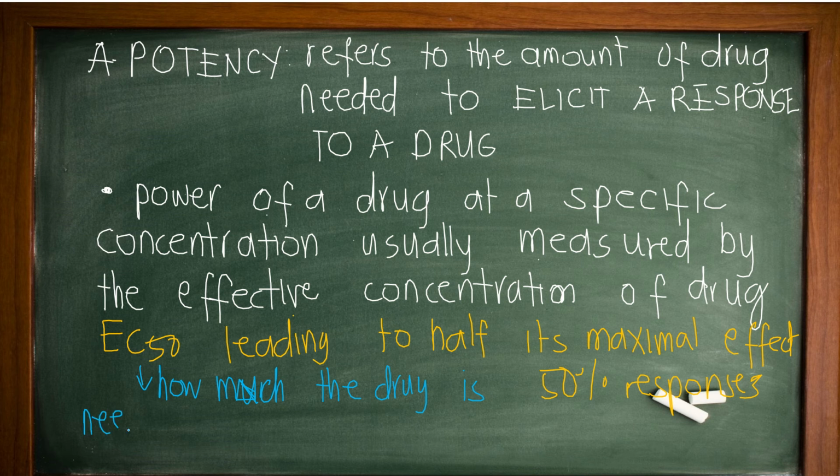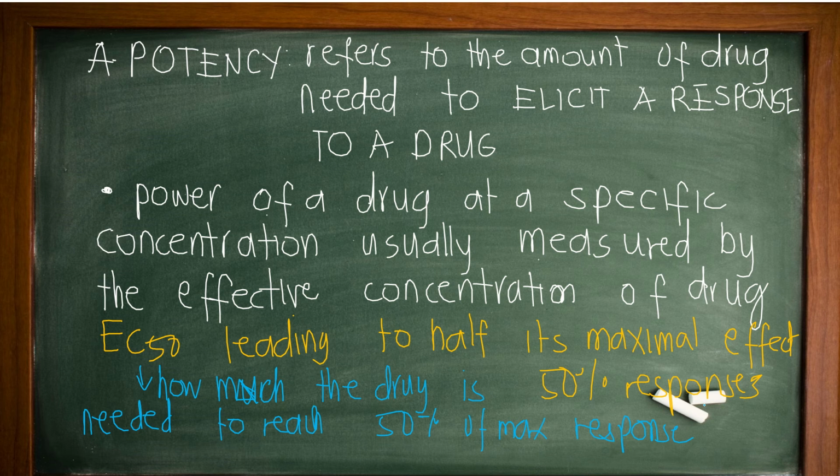So in short, potency refers to the dosage, the amount of drug that we need in order to create a physiologic response at a specific amplitude. That is what we call potency.